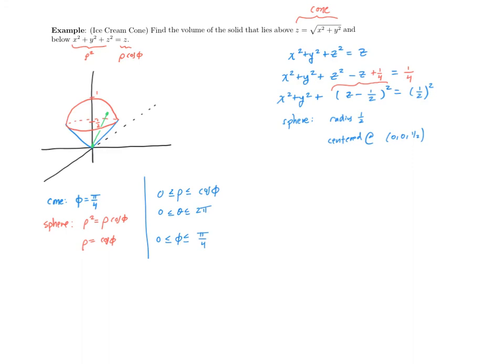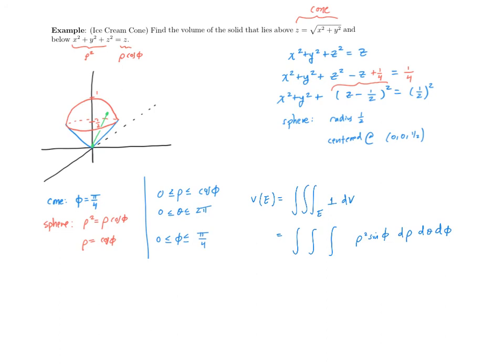We are now ready to set up a triple integral calculating the volume of this ice cream cone. So if the solid is E, the volume would be the triple integral over E of 1. And in order to put this into spherical coordinates, the dV is going to become rho squared sine phi, and then we need our 3 variables of integration. And remember that rho depends upon phi, so rho is going to have to come before phi.